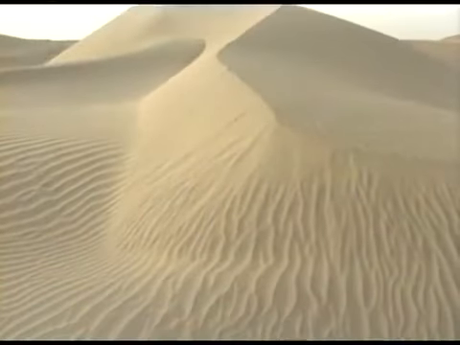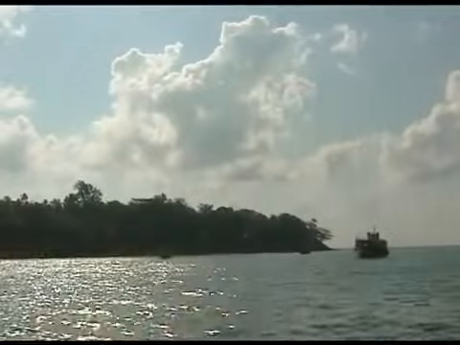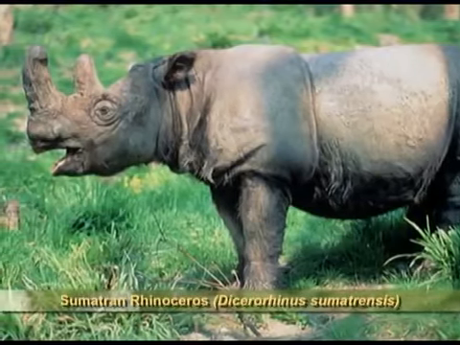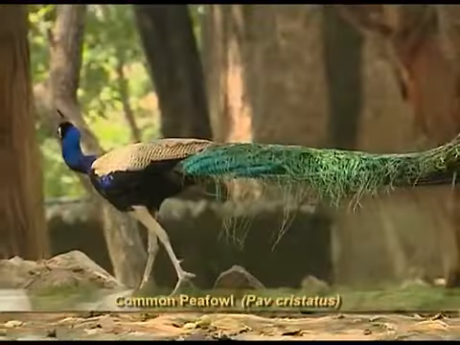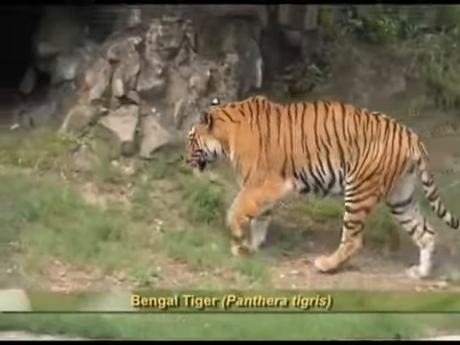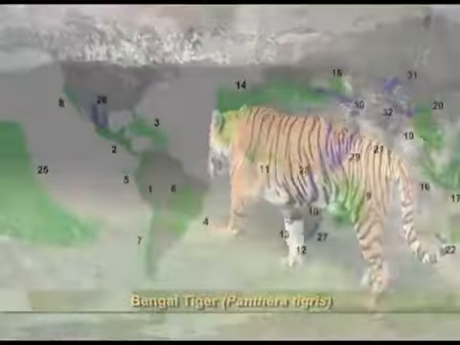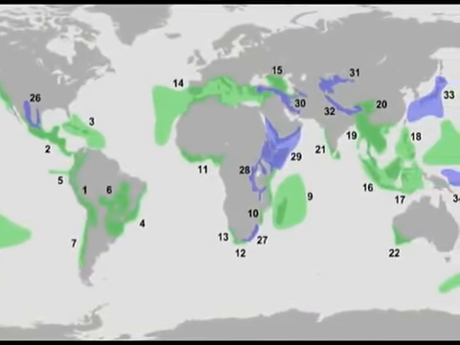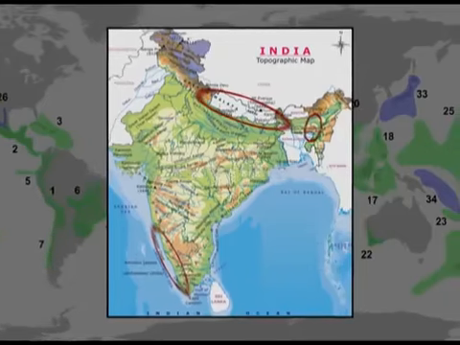India is a mega diverse country with thousands of rare endemic plants and animal species. Out of the total 34 hotspots all over the world, 3 are in India.